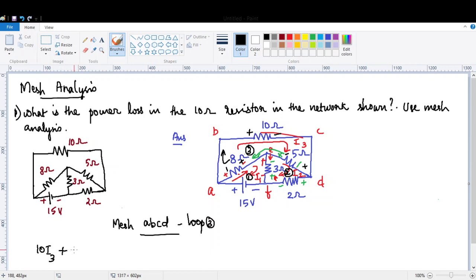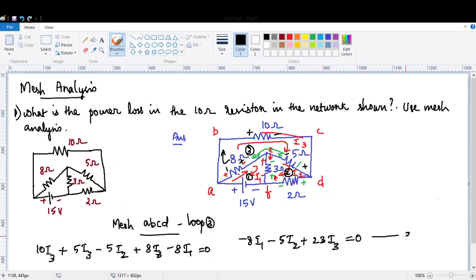It is 5I3 and current I2 is opposite to that direction, so minus 5I2 plus 8I3 minus 8I1 is equal to 0, and simplifying it we get minus 8I1 minus 5I2 plus, 10 plus 5 plus 8, that is 23 I3. So 23I3 is equal to 0. This is the third equation.